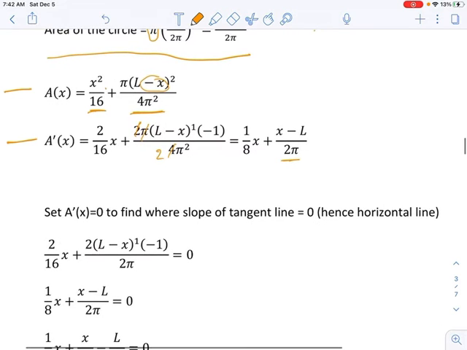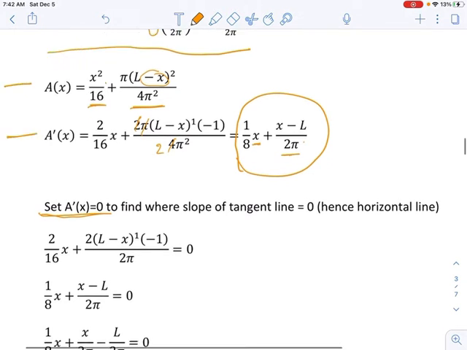Well, interestingly, we note that this derivative is actually a line, right? Because each of the powers of x is 1. So what we're going to do is set the derivative equal to 0 and solve for where this line crosses the x-axis. What value of x causes that to be 0.